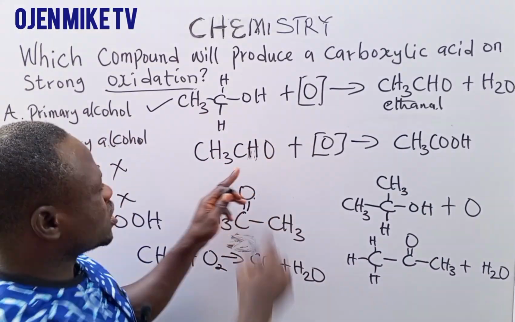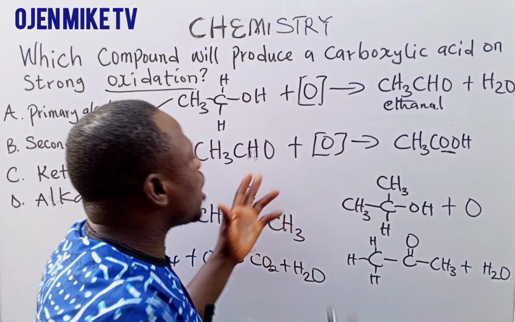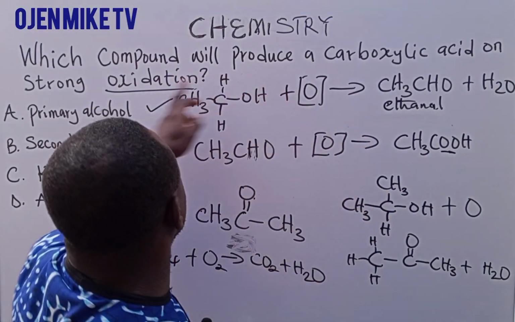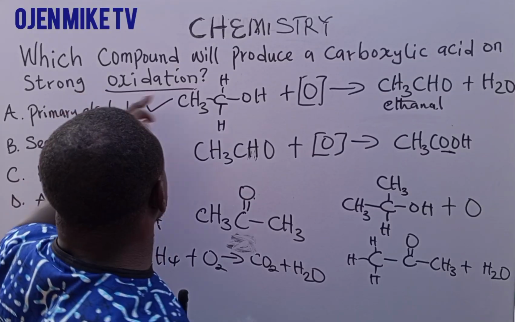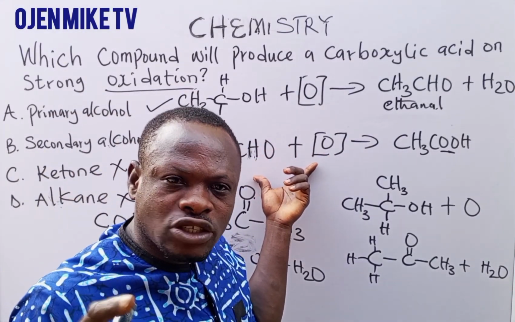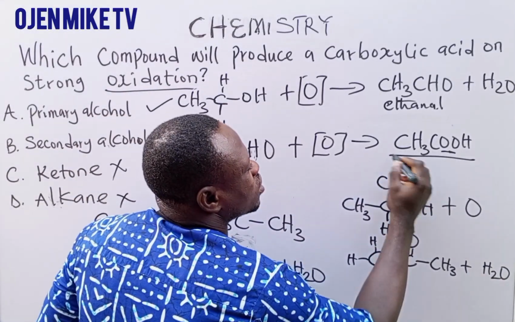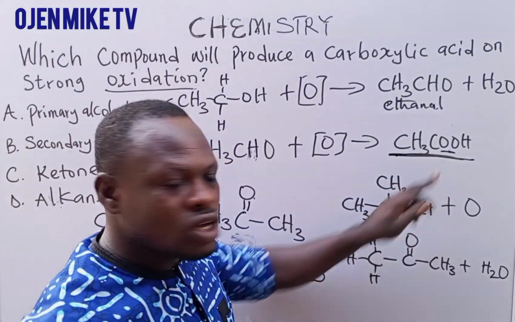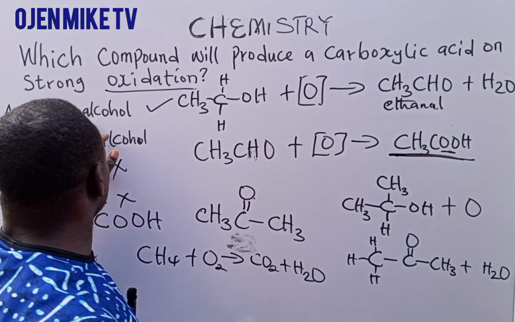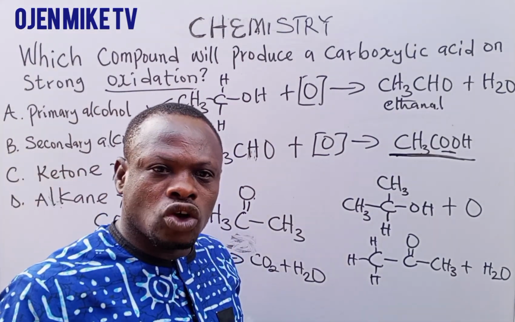You add oxygen to this, and now this one can undergo further oxidation. That is why we say a strong oxidizing agent. The oxidizing agent that you are going to use is potassium permanganate. It will give you alkanoic acid. This is the one we are looking at. So primary alkanol will undergo oxidation to produce alkanoic acid.